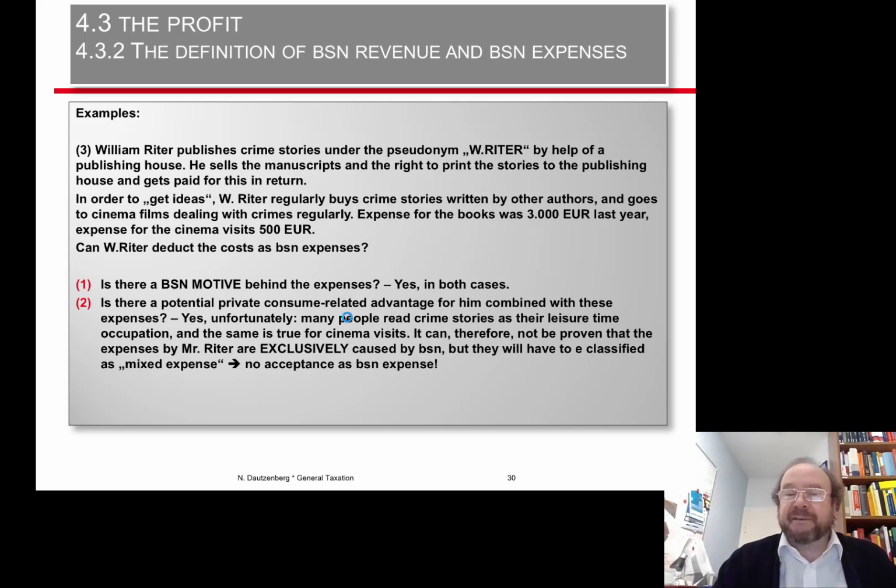Writer regularly buys crime stories written by other authors, reads them with genuine interest, and whenever there is a crime story in a movie, he goes to the cinema and views the films there. The expense for the books last year was €3,000, and the expense for the cinema visits was €500.